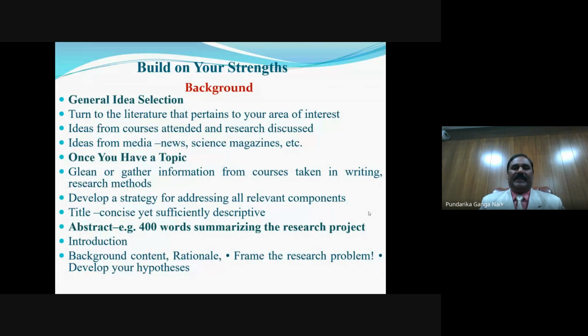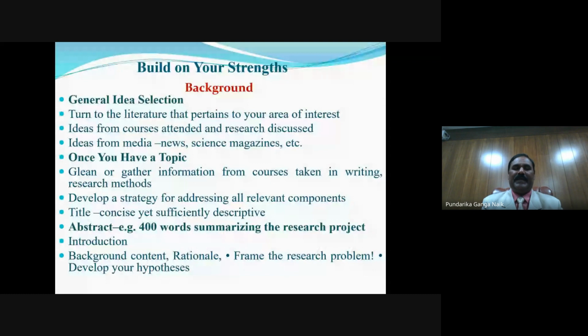So we want to write a strong proposal that has to be based on our strength. What would be our strength? What is our domain knowledge? What is our competency level? How well are we competent to put up a strong proposal, for which we need to have a general idea to select the topic for our research proposal.